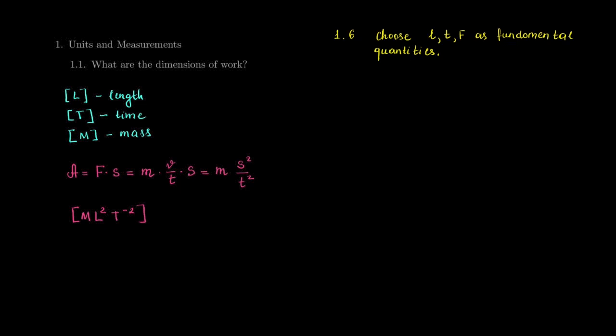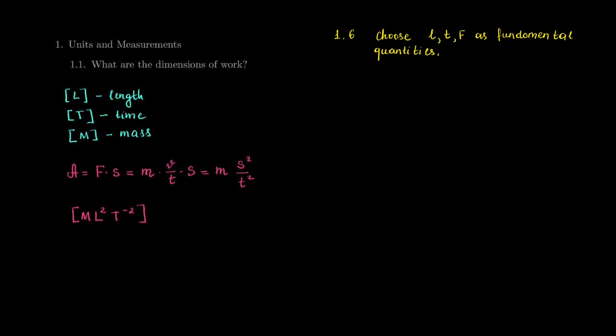Well, now let's solve the problem 1.6. We have said that we can choose any independent three physical quantities as fundamental physical quantities, and all other physical quantities could be defined as derived physical quantities. In general, we said these three physical quantities are chosen as length, time, and mass.